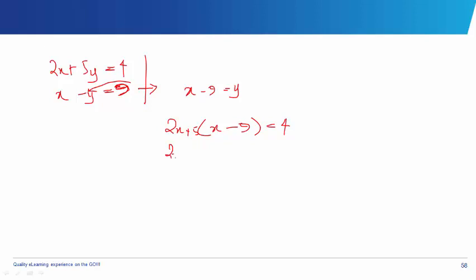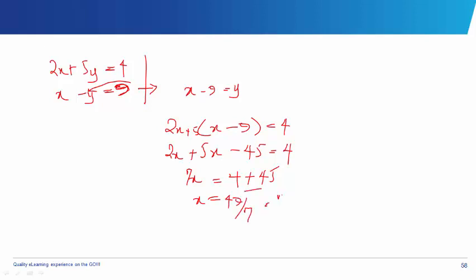I open brackets, 2x plus 5x minus 45 equals 4. Then we'll have that 7x equals 4 plus 45, x equals, this plus this is 49, and divided by 7, which is 7.